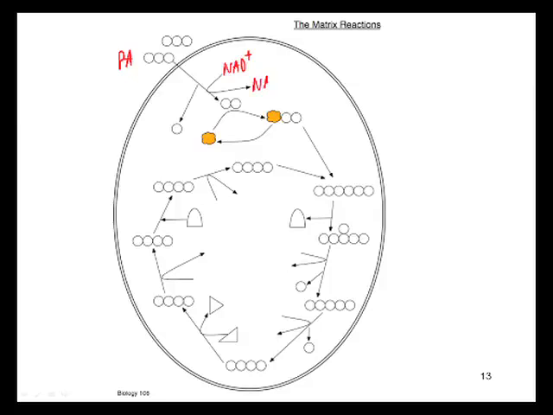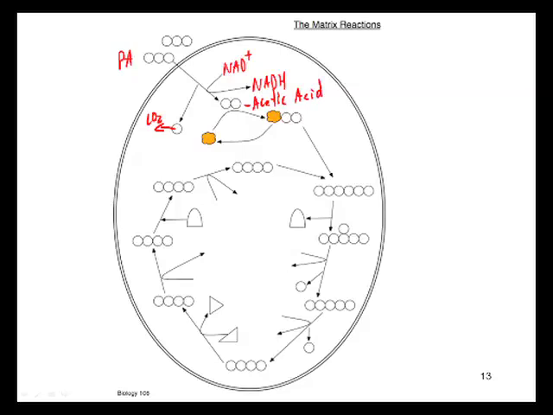NAD plus is reduced to NADH. So we're picking up some of the electrons and protons from the pyruvic acid. That's what allows NAD to become NADH, is reduced to NADH. We lose a carbon dioxide, and we're left with a 2-carbon molecule called acetic acid.